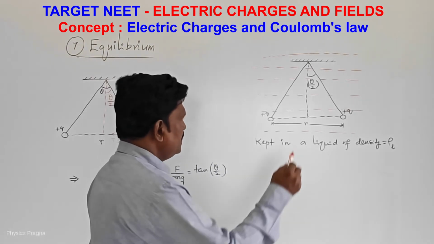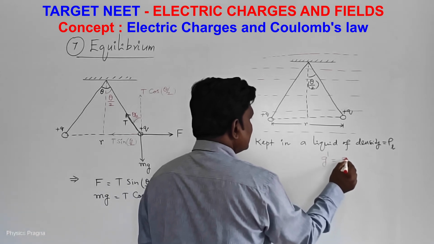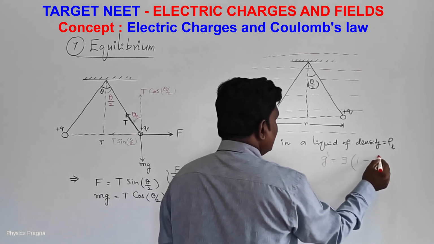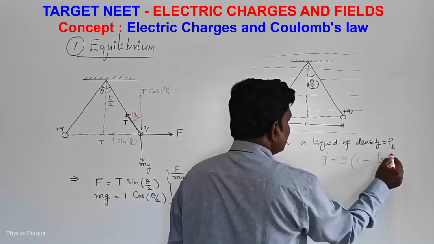How? See, the g will change like this: g times 1 minus rho L by rho S.